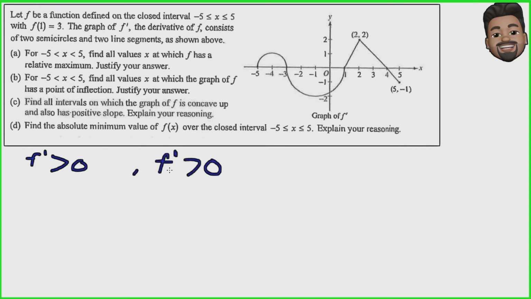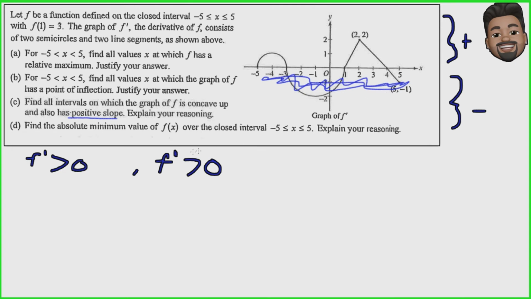So to have positive slope and be concave up, both derivatives need to be positive. Well, we're given f prime already. Anything up here, as we talked about, is positive for f prime. Anything down here is negative. So that tells us right away, in order to satisfy this condition, positive slope, we're going to ignore everything on the bottom, because down here has negative slope.